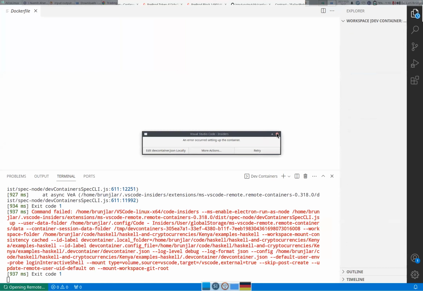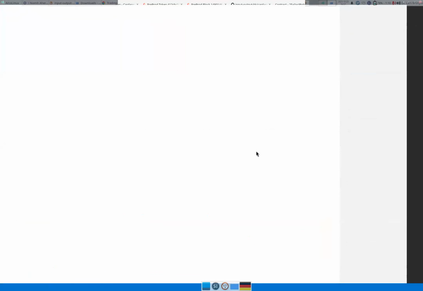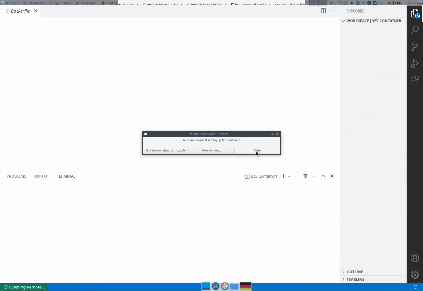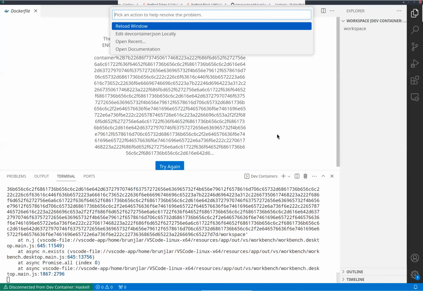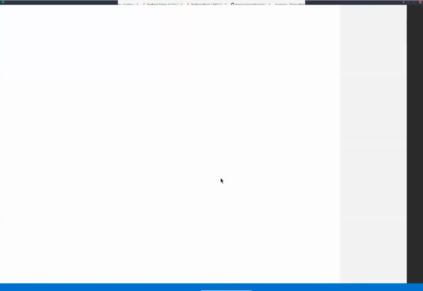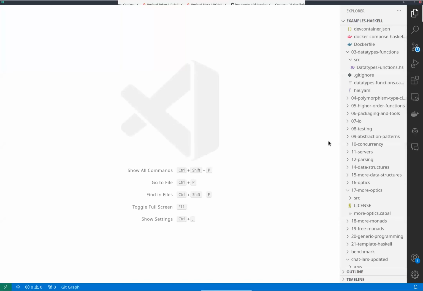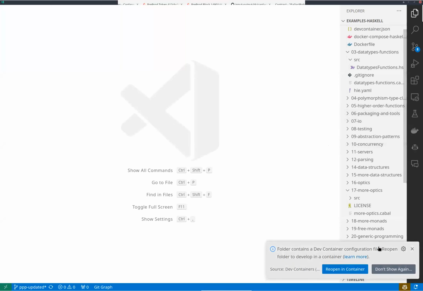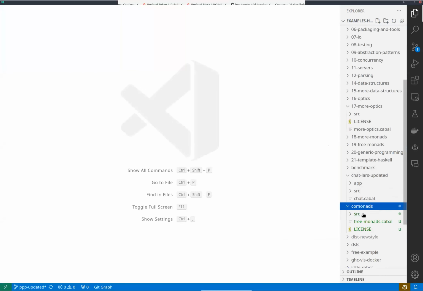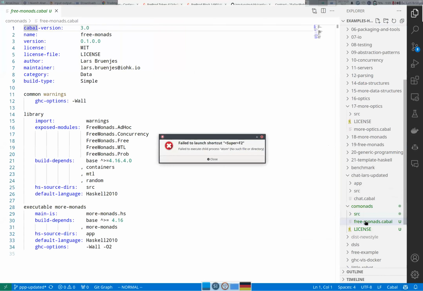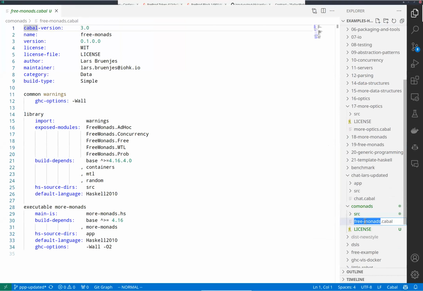Maybe retry. If the second time doesn't work, now we have a problem. I don't have to open it in the container, I suppose. Did you pull the latest changes, Lars?